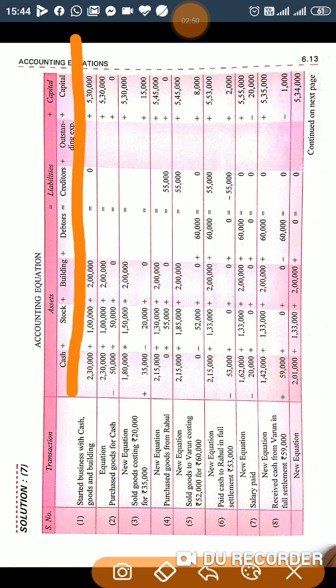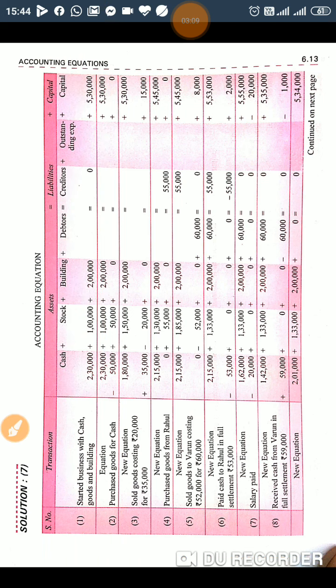Then, one by one, you will write the transaction, and then you will show it in the form of an equation. I hope you have understood the process. Make a format, and these questions should be solved horizontally in your register because it takes a lot of space.